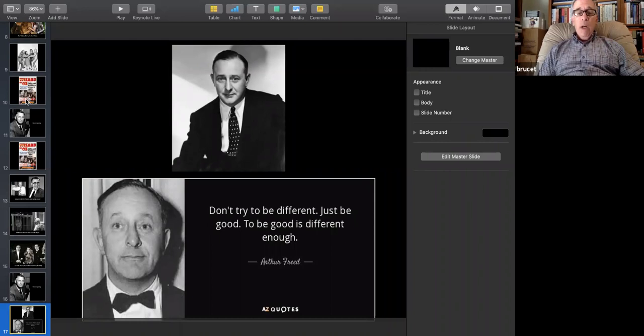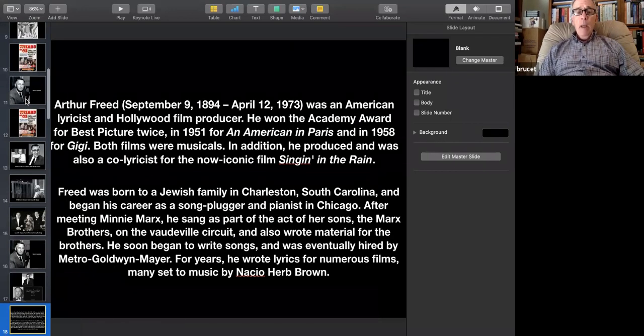So who was Arthur Freed? One of the greatest producers in the history of Hollywood films. In particular, he had his own unit after this at MGM. He produced musicals. So among them, An American in Paris, The Bandwagon, Fred Astaire, An American in Paris, of course, Gene Kelly, Gigi, Leslie Caron.